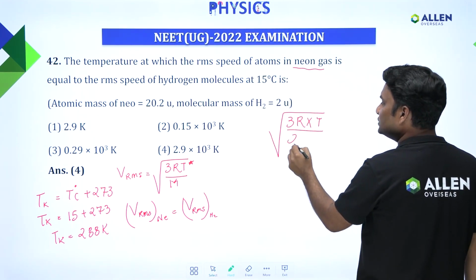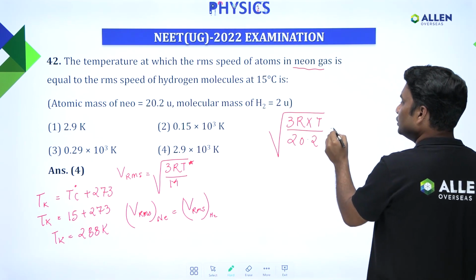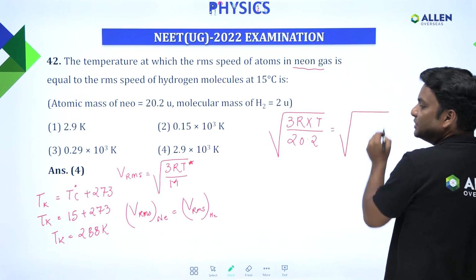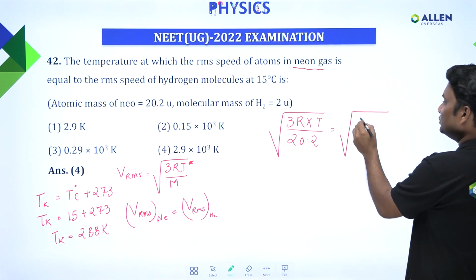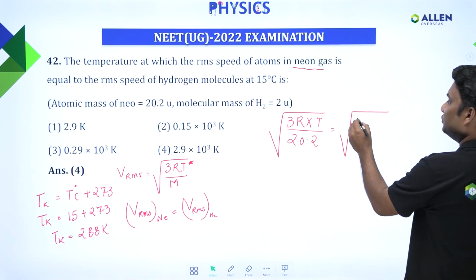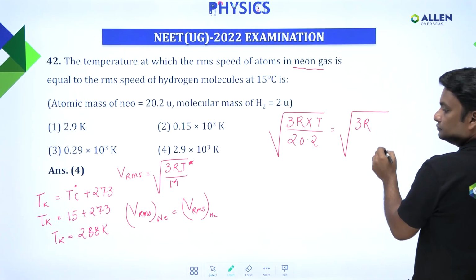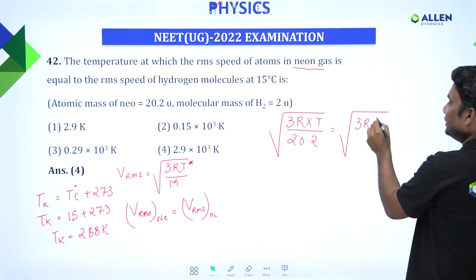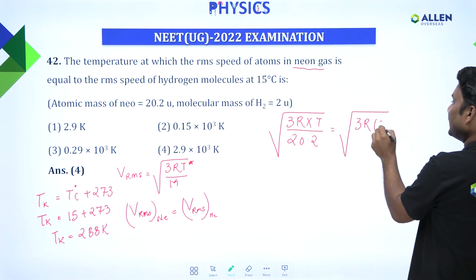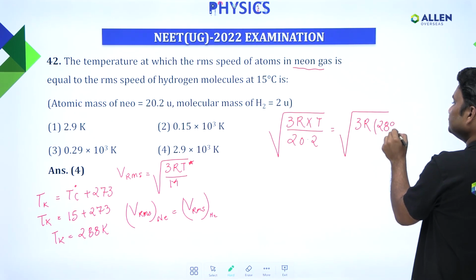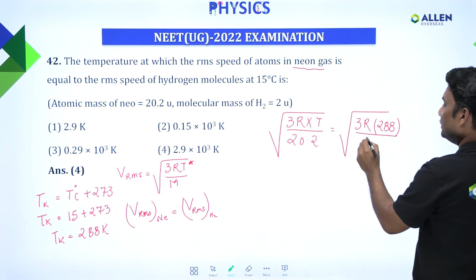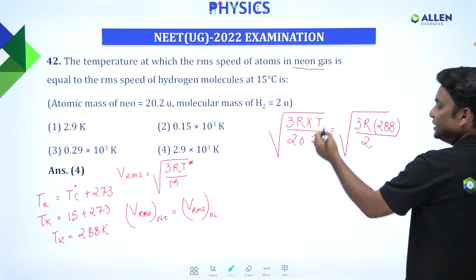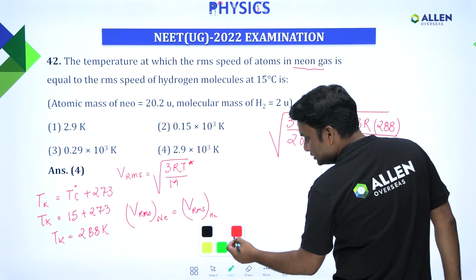Atomic mass of neon is 20.2. Same way, since both speeds are equal, we substitute 3R here, and the temperature here is, as we already calculated in Kelvin, 288, and its atomic mass is 2. So basically we need to calculate the value of this T.